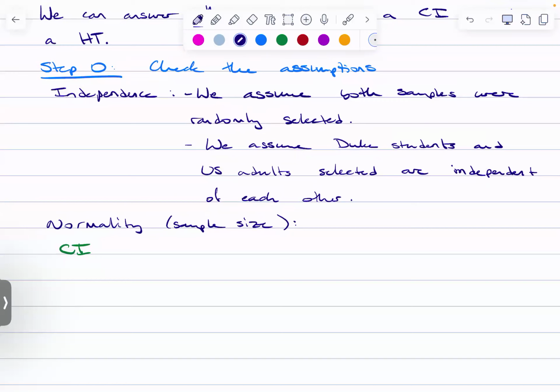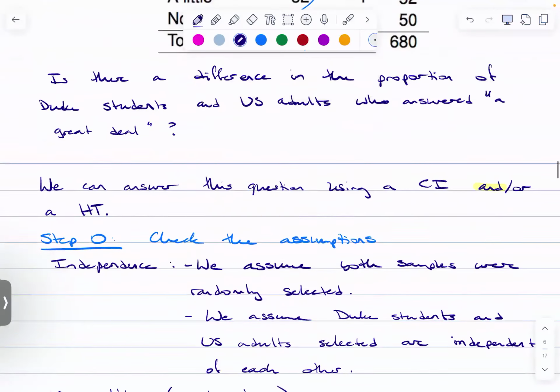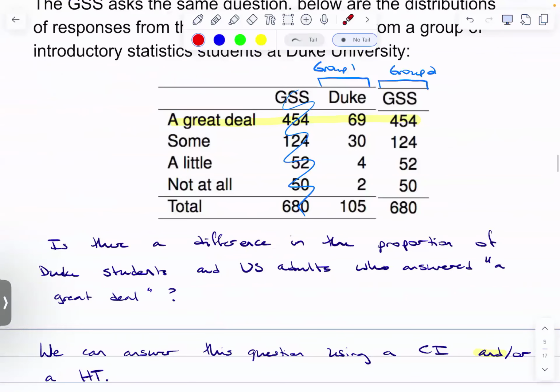So for a confidence interval, we need at least 10 observed successes in each group and at least 10 observed failures in each group. Now, this is nice because I have the observed number of successes in each group. And I can also figure out the observed number of failures.